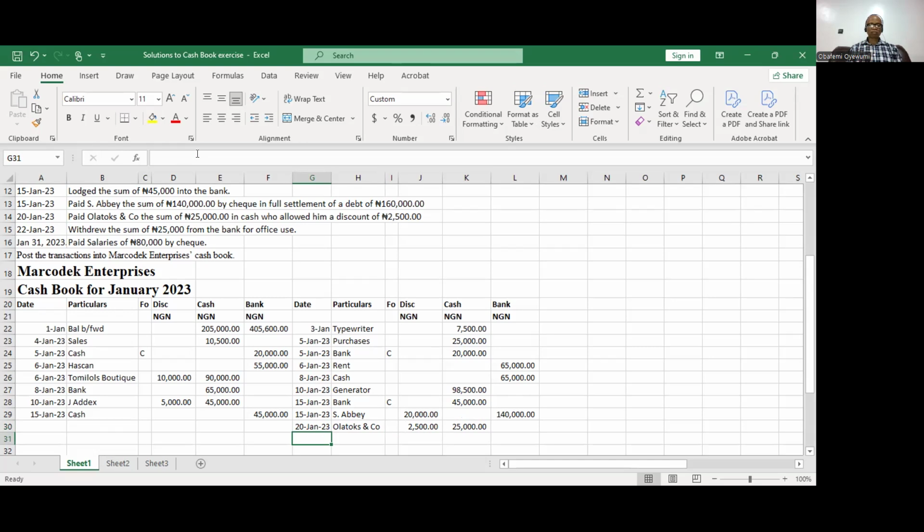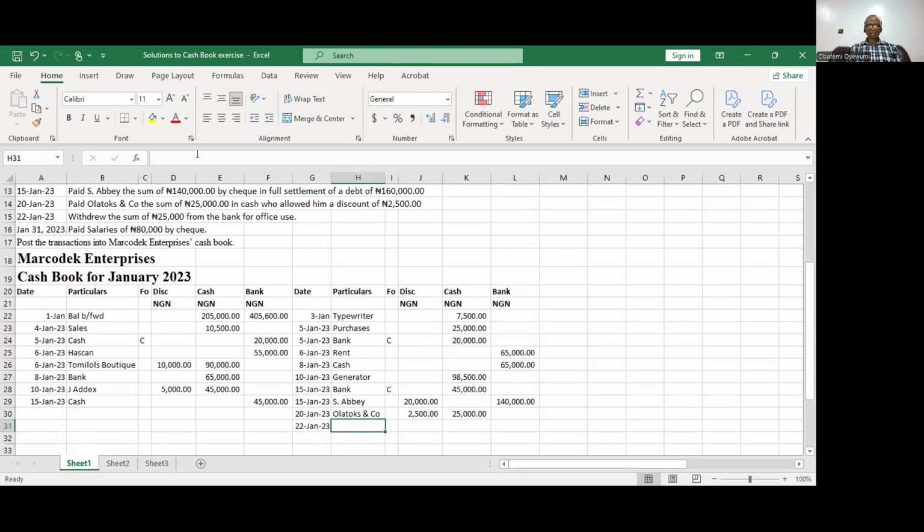We drew the sum of 25,000 from the bank for office use. So let's record it. The date that took place was the 22nd of January 2023. So here you have from the bank, cash. From the bank, how much? 25,000.